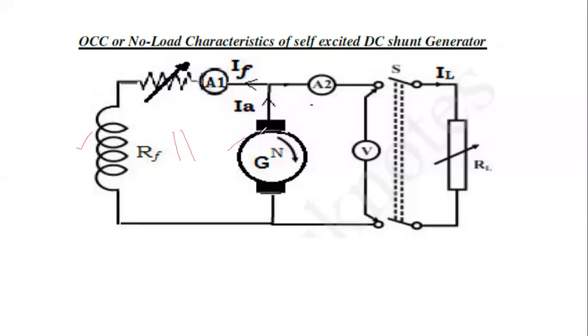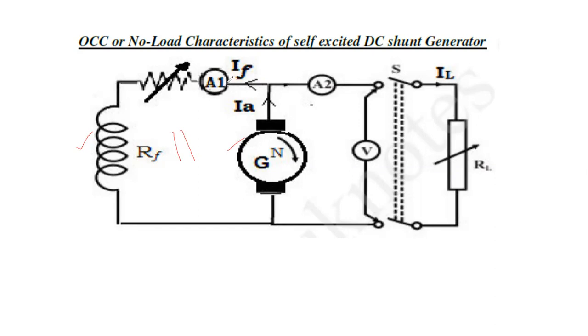This is the circuit diagram for producing the no load characteristics of a DC self-excited shunt generator. In this case, we are using a variable resistor and ammeters.